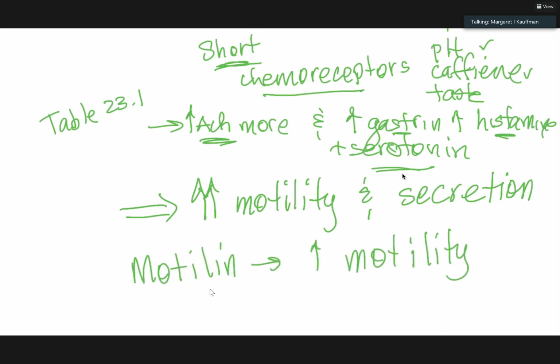So every certain number of hours you release more motilin, it surges up, and that makes your whole GI tract become more motile. So at this point, I think that's the only one we'll talk about. There's also another hormone released in the stomach that has to do with the hunger-satiety response, but we'll come back to that one later.